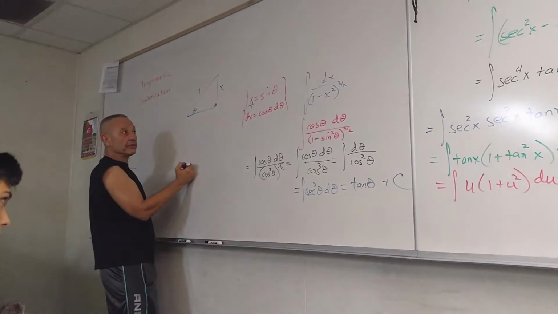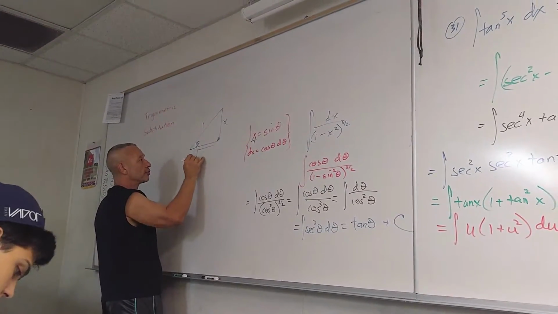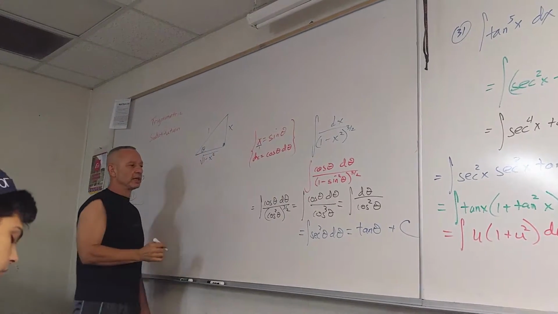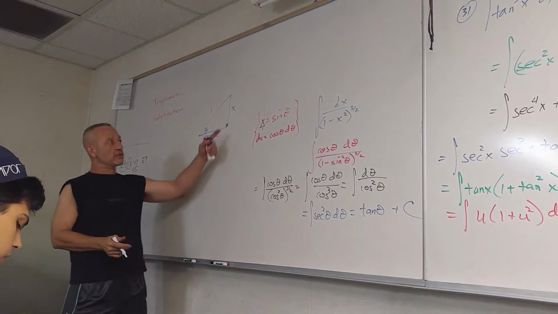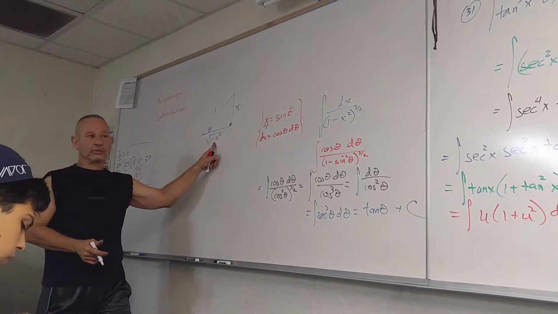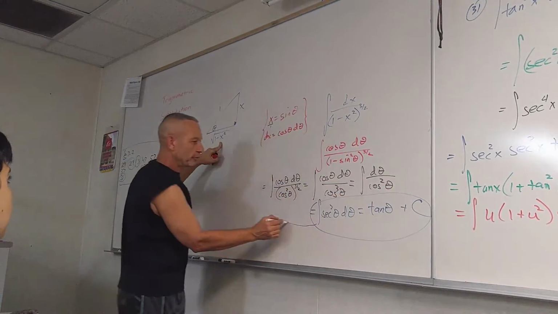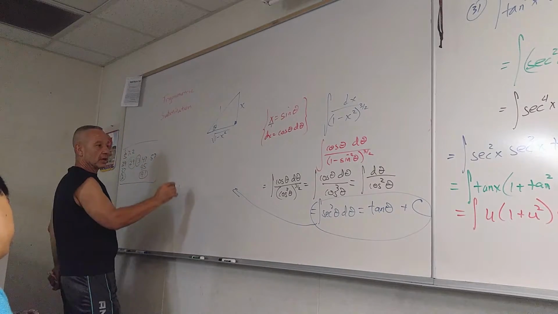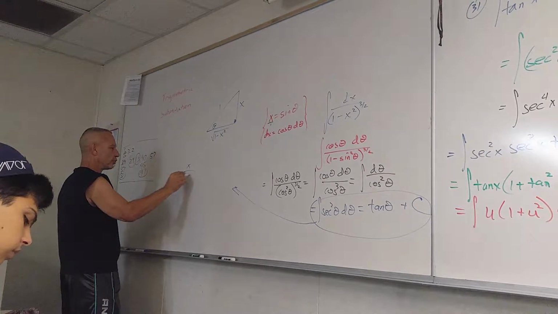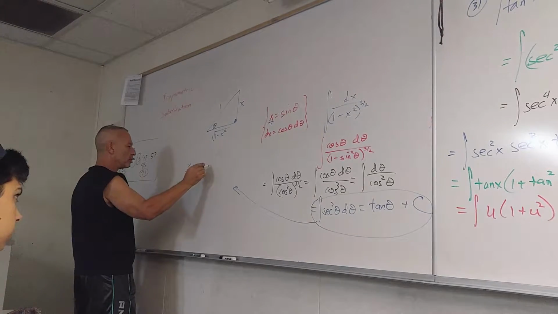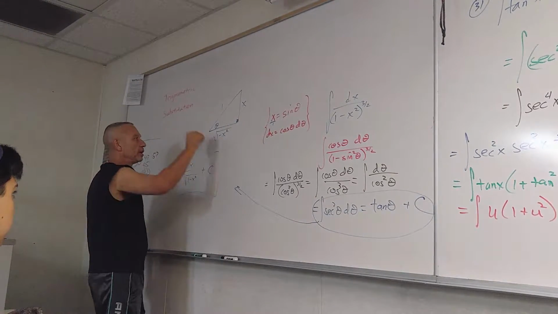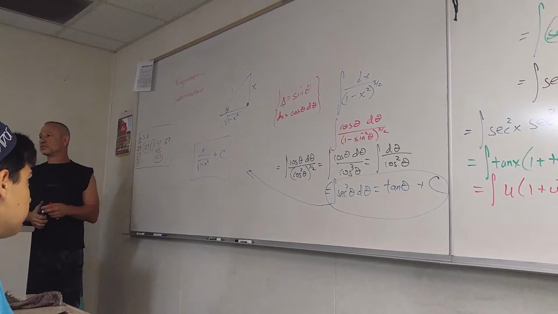Using the Pythagorean theorem, the third side is the square root of 1 minus x squared. So I can now tell you the tangent is this over this. And so the final answer, I get x over the square root of 1 minus x squared plus an arbitrary constant. And you did your first trig substitution.